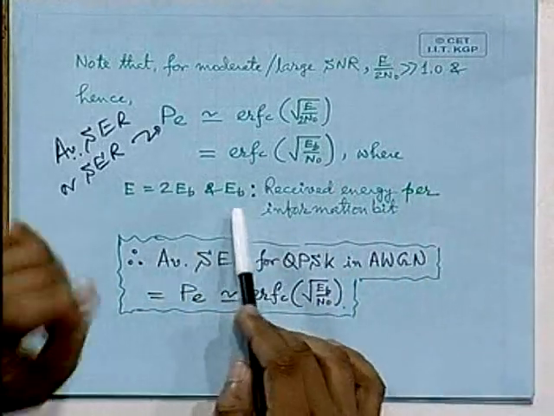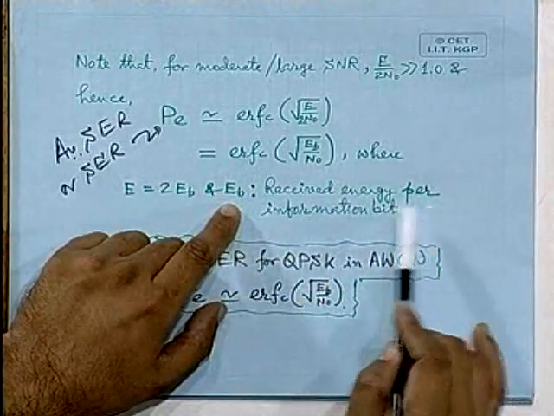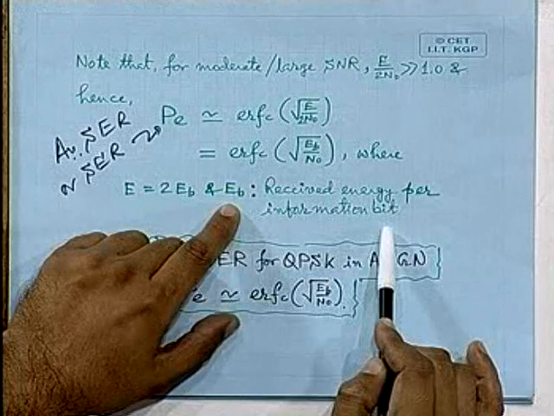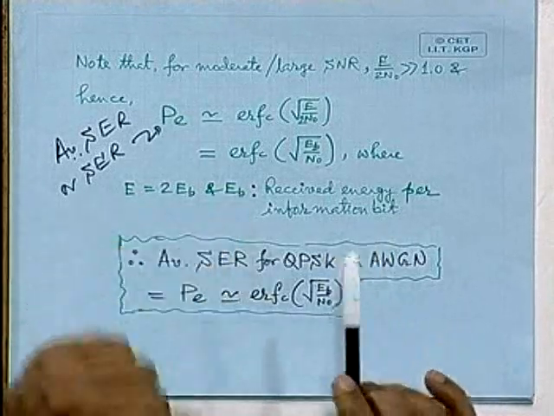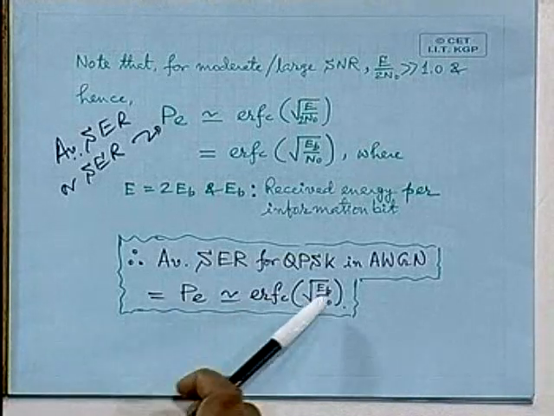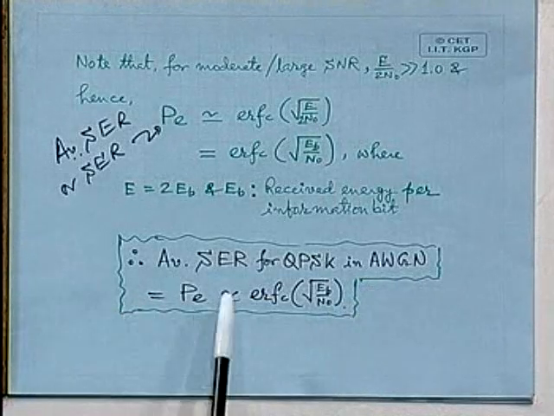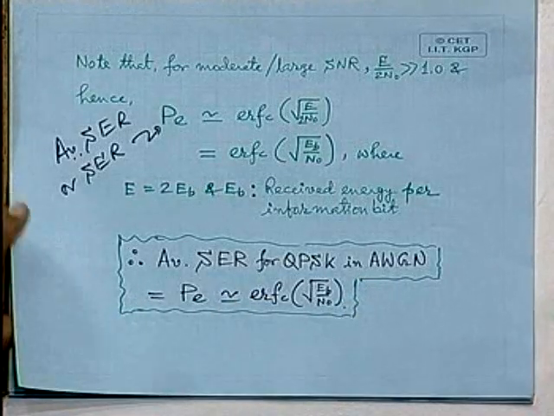So, to be correct really, EB is the received energy per information bit, okay. So, the average symbol error rate for QPSK in AWGN, additive white Gaussian noise channel, is PE approximately ERFC root over EB by n naught, okay.